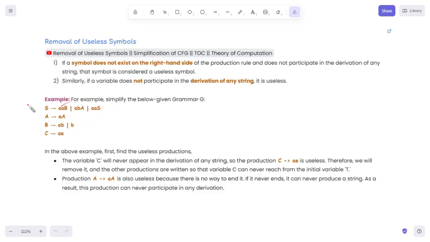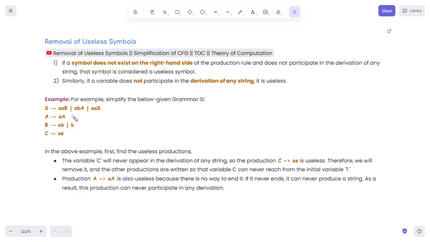That means, from the start symbol, there is no way to reach this production. So it's a useless production in the grammar, and we can directly eliminate or remove it. That is a useless symbol, and that is how removal of useless symbols happens.